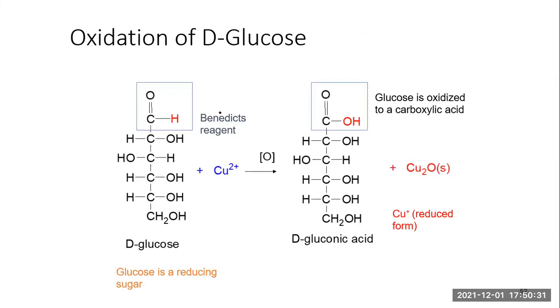So here's an example of it. If we take glucose here and we treat it with Benedict's reagent, we're going to see our oxidation occur here, pretty much identical to the aldehyde to carboxylic acid oxidation we talked about. The result of that, as you can see here, is that it goes from a bluish color, the copper solution, to an orangey reddish color.